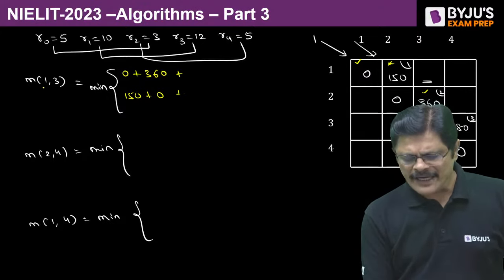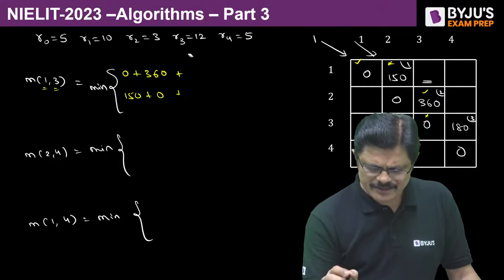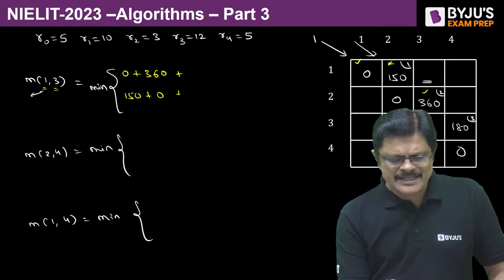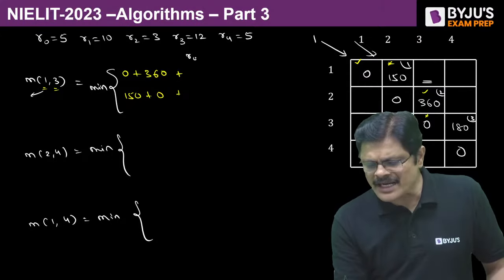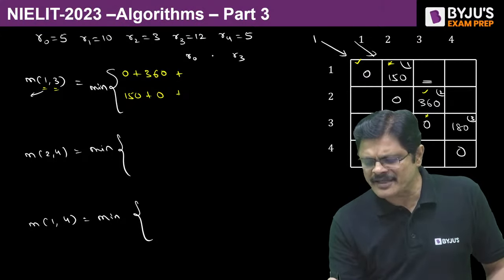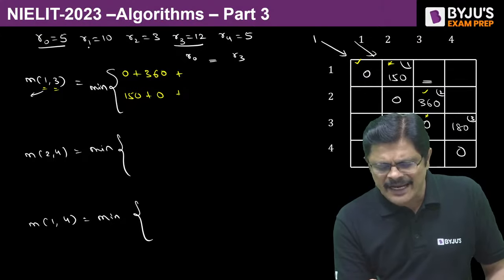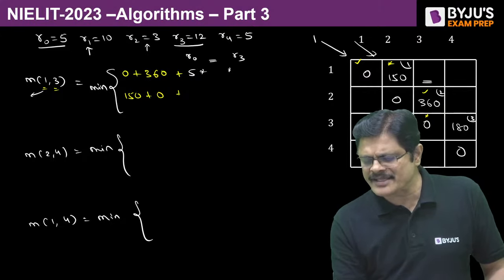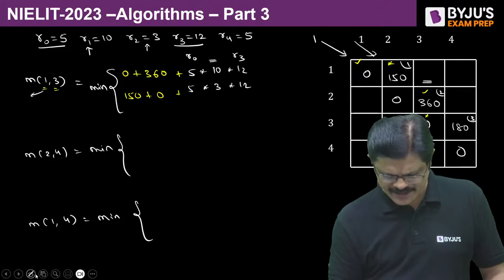Remember, when you are finding M13, R0 and R3 will be fixed, and the mid values are R1 and R2. So here 5 and 12 will be fixed. The mid value is, once it is 10 and next time it is 3.